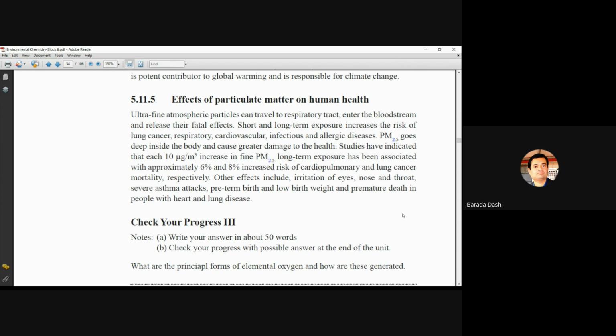Studies have indicated that each 10 microgram per cubic meter increase in fine PM2.5 long-term exposure has been associated with approximately 6% and 8% increased risk of cardiopulmonary and lung cancer mortality respectively. Other effects include irritation of eyes, nose and throat, severe asthma attacks, preterm birth and low birth weight, and premature death in people with heart and lung disease.